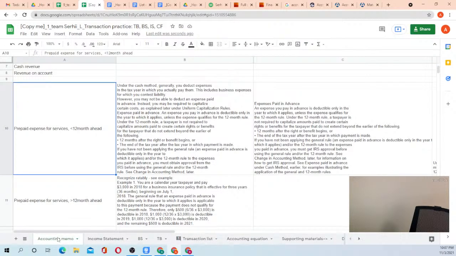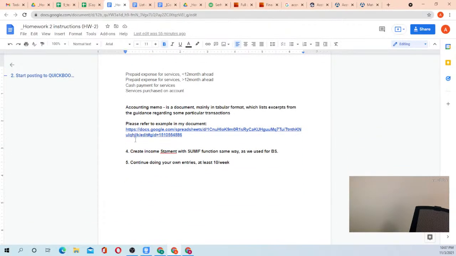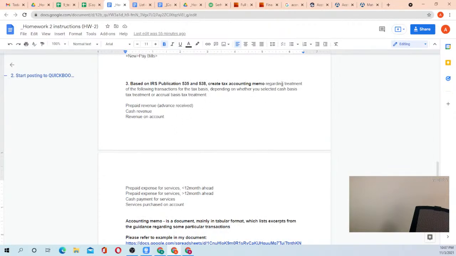Let's now move back to our accounting memo. So how do I describe that in the homework? We need to produce a memo regarding treatment of the following transaction for the tax basis, depending on whether you selected cash basis tax treatment or accrual basis tax treatment.